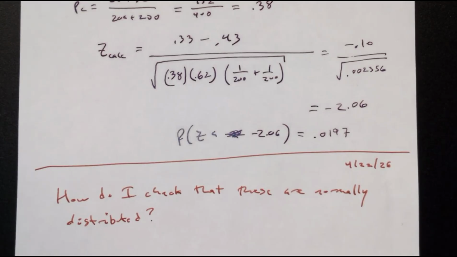Because otherwise, I have my head firmly at my backside and I'm doing the wrong thing. How do I know whether or not our percentage, our proportion of shoppers that paid with a debit card is normally distributed over these two different years?